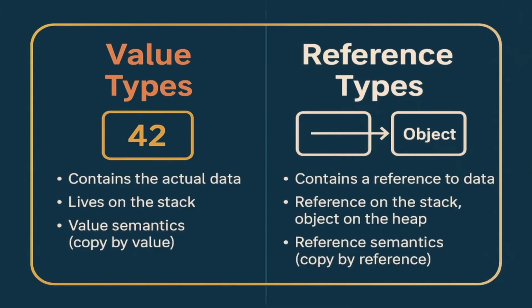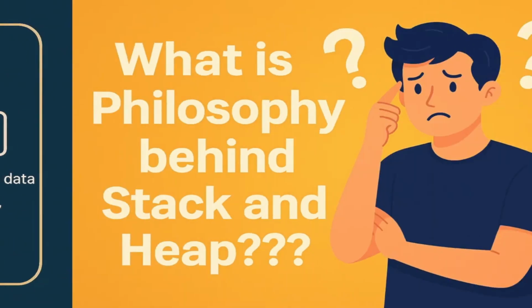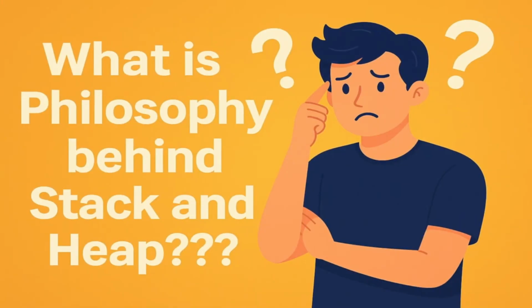Now, at a basic level, we understand what a value type is and what a reference type is. In order to completely understand value type and reference type, we need to understand the philosophy of why value type, why reference type, and what relationship it has with the stack and heap, right?